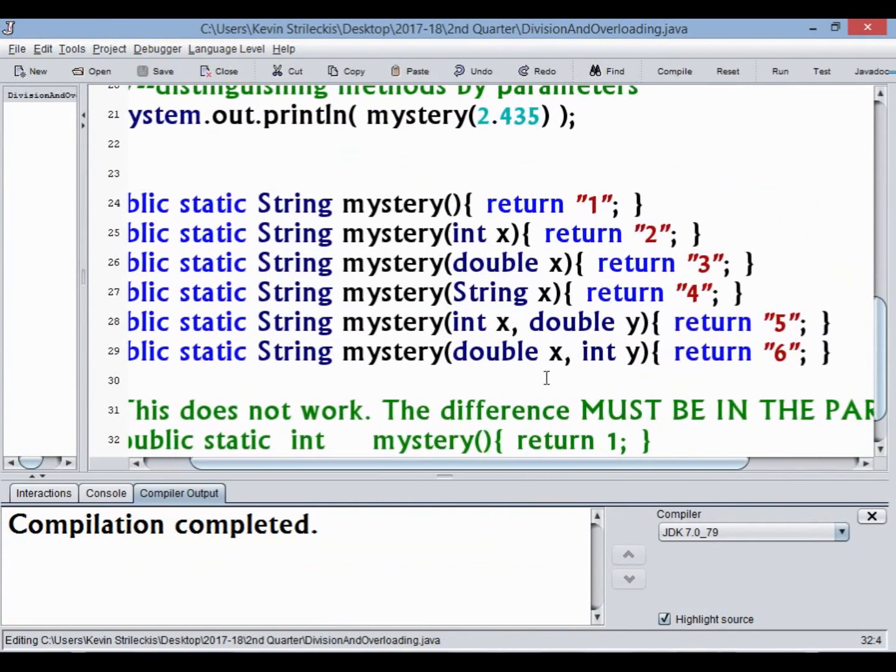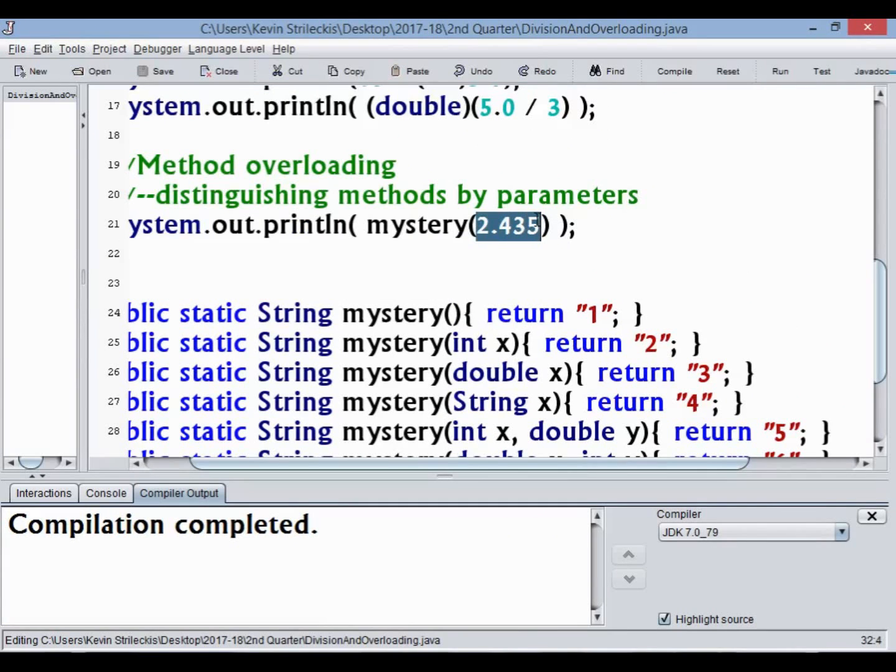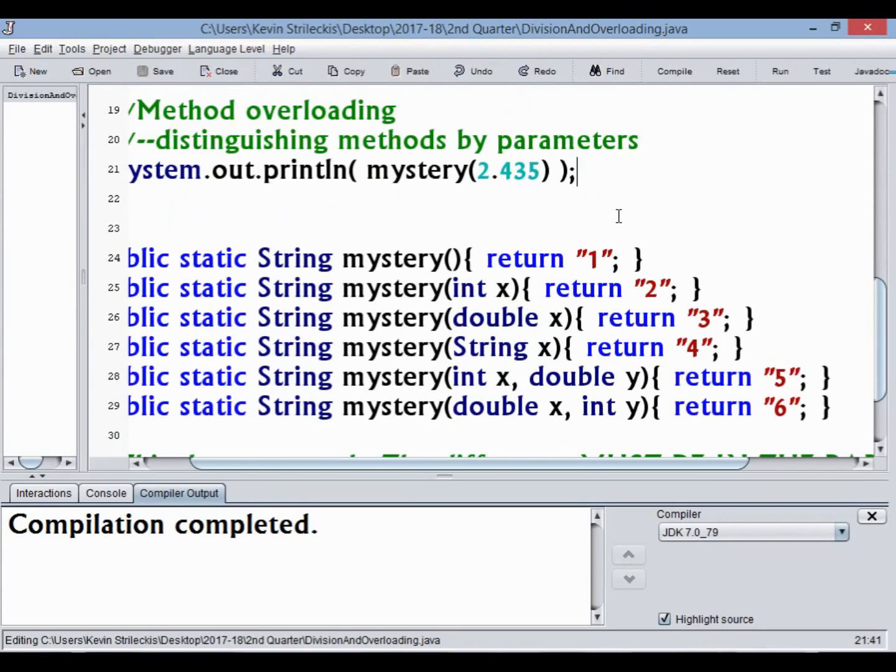For instance, take a look at mystery up here. Mystery being passed 2.435. What's going to get printed out there? 1, 2, 3, 4, 5, or 6? Everyone saying 3? Yeah, it's going to be a 3. So you all get why it's a 3.